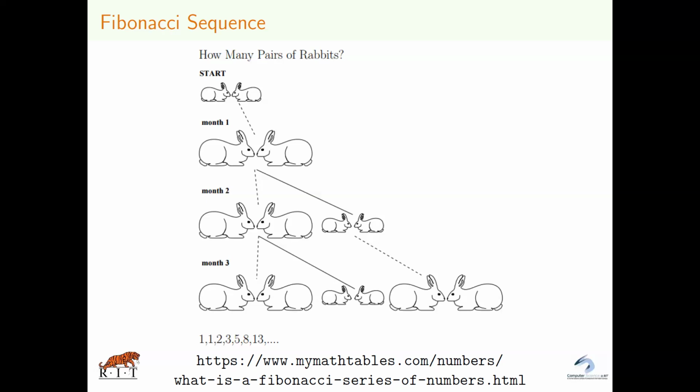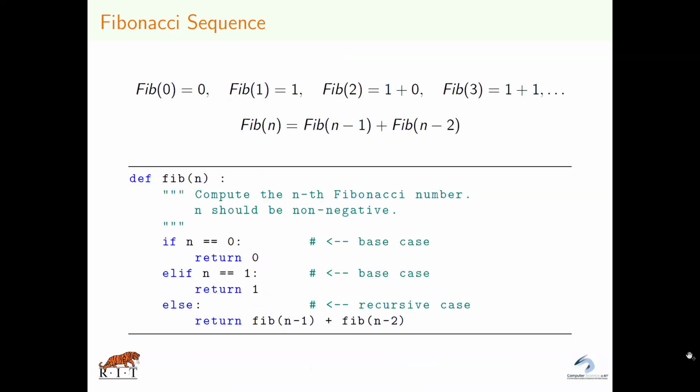So the general formula for Fibonacci sequence is this one.